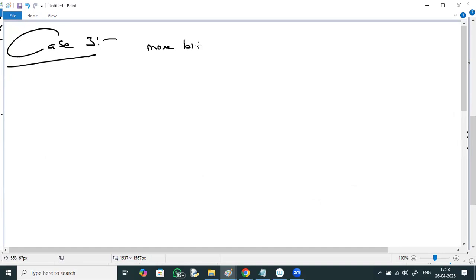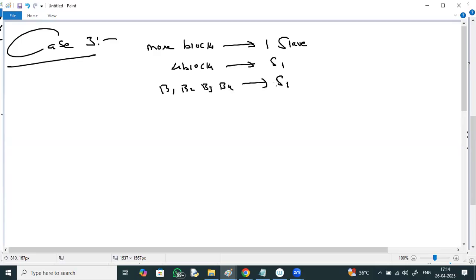More blocks, one slave. Think that you've got 4 blocks, B1, B2, B3, B4, and only one slave S1.